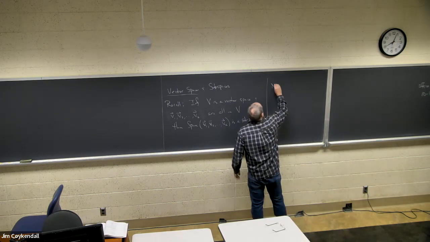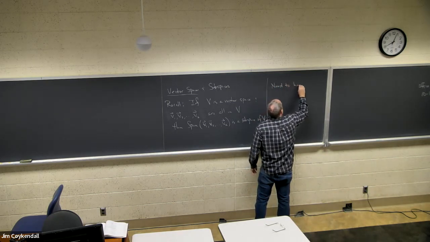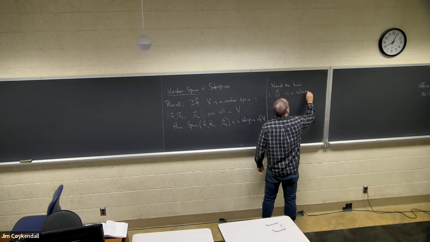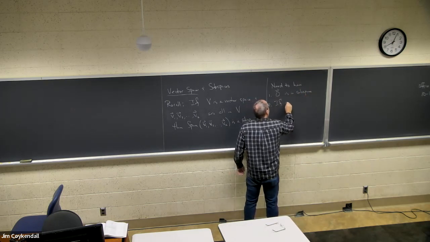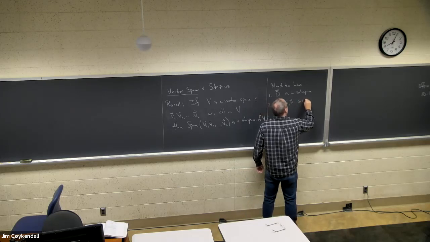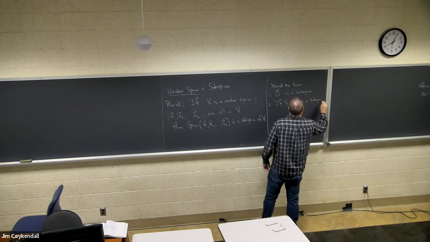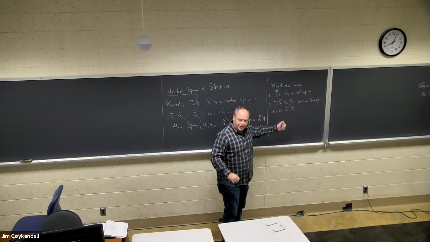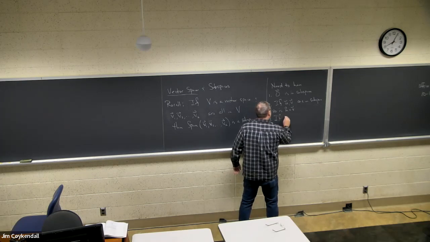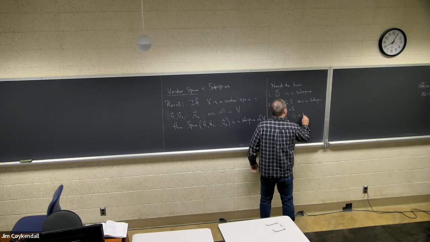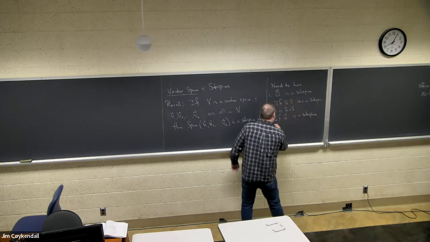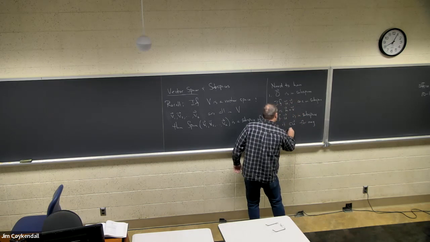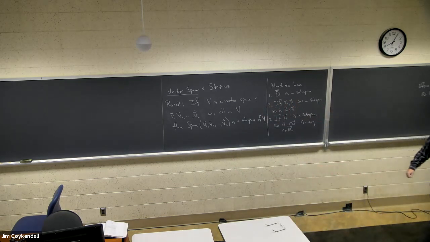So 1, the zero vector is in the subspace. 2, if U and V are in the subspace, so is the sum, so that means closed under addition. 3, if U is in the subspace, so is C times U for any real number C. And that last one means closed under scalar multiplication.